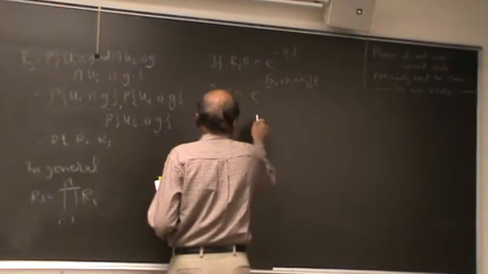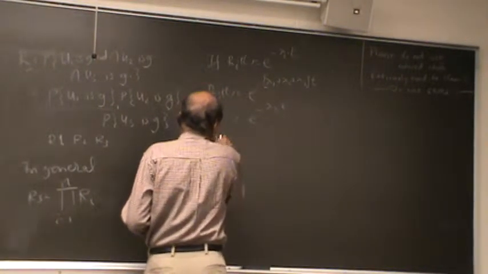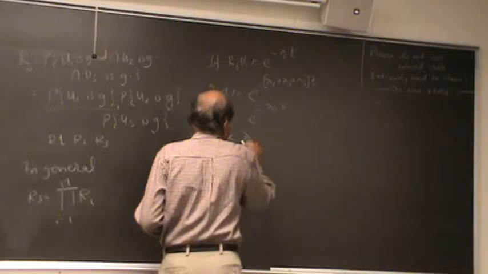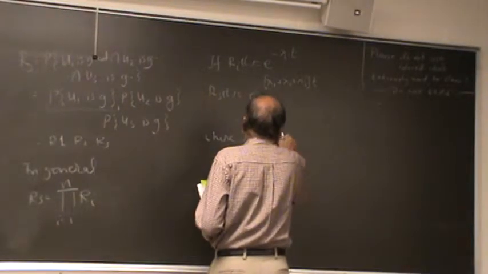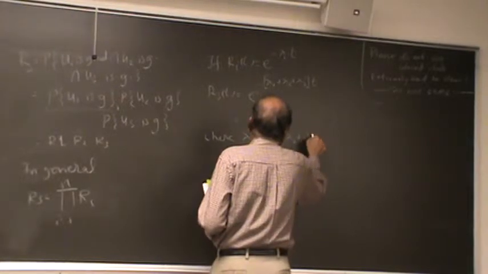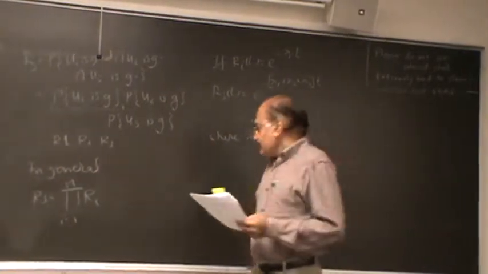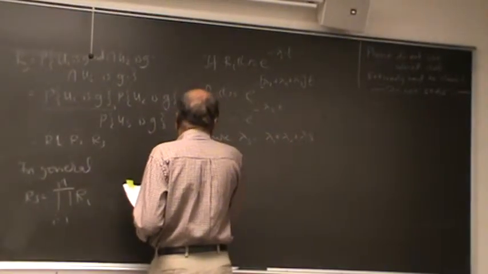So we could say that that is equal to e raised to minus lambda sub s t, where lambda sub s is equal to lambda 1 plus lambda 2 plus lambda 3. So the failure rates add in series systems.